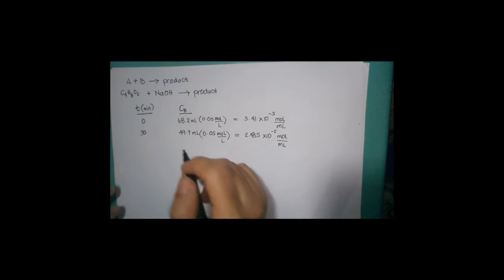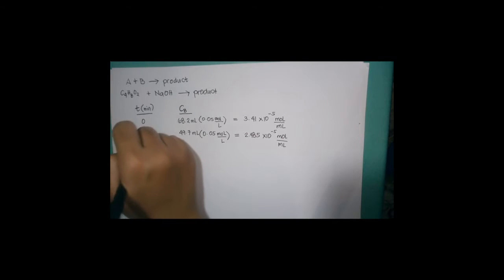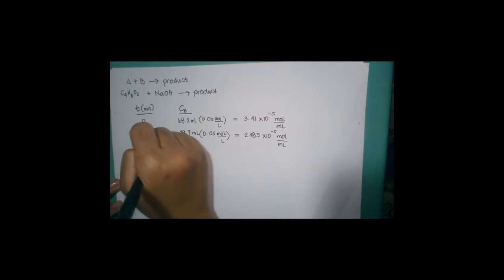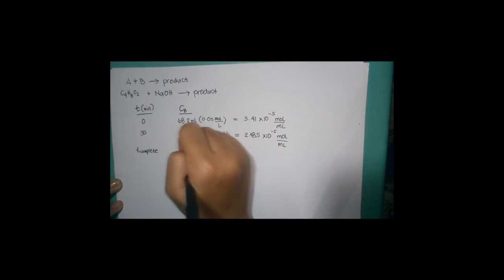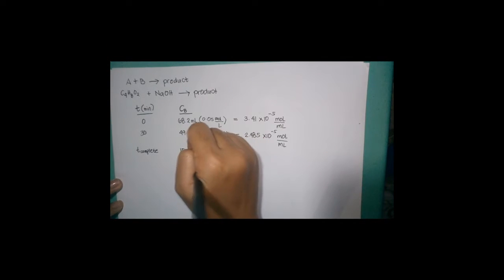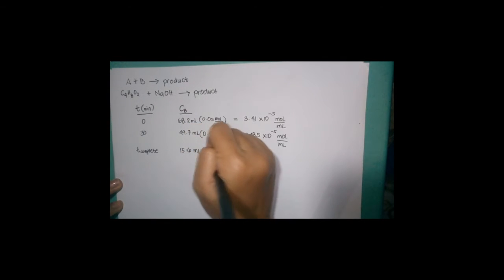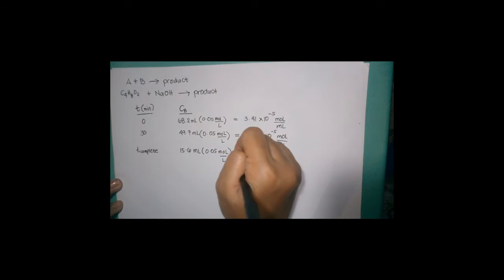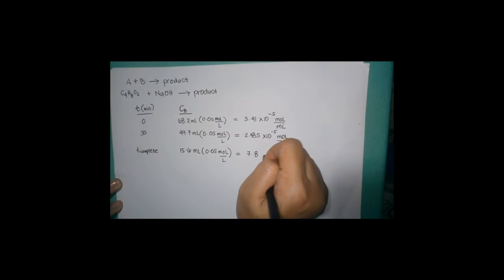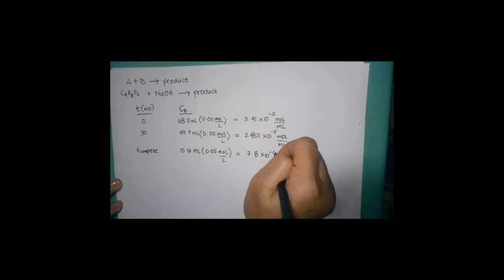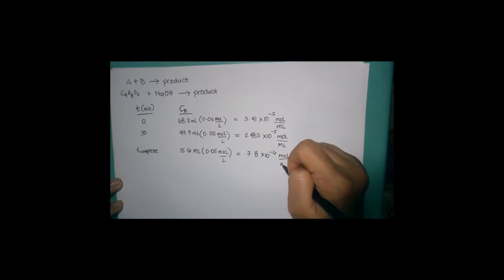Next, when the reaction is complete, we have T complete, we will have 15.6 ml of 0.05 moles per liter, which is 7.8 times 10 to the negative 6 mole per ml.